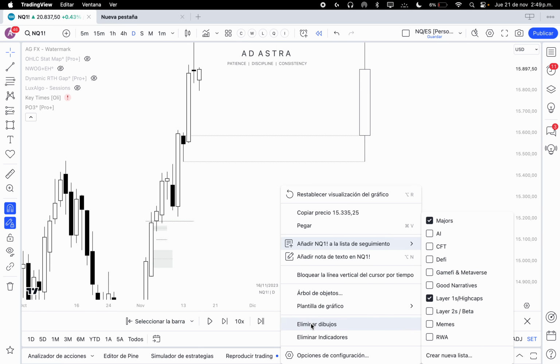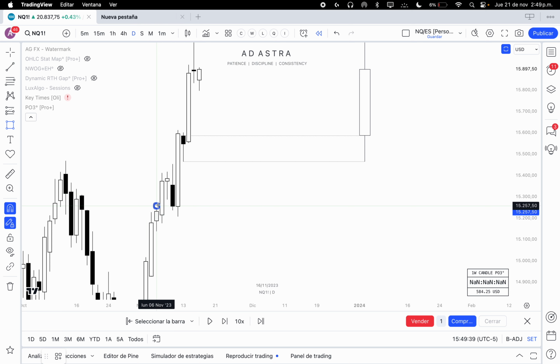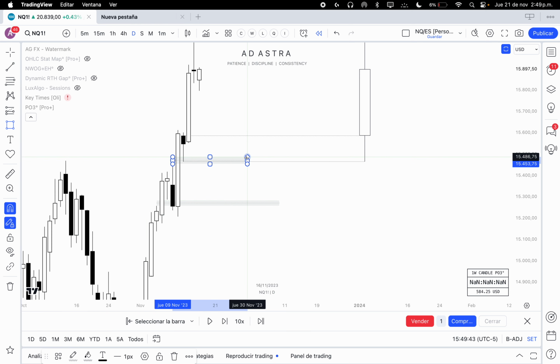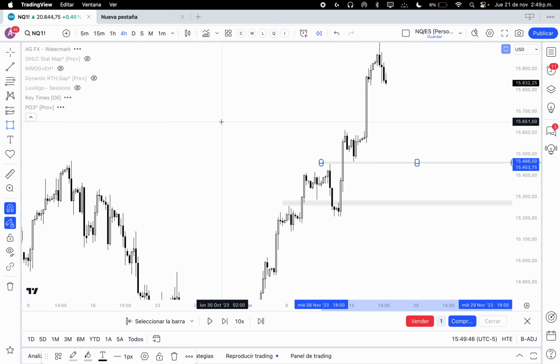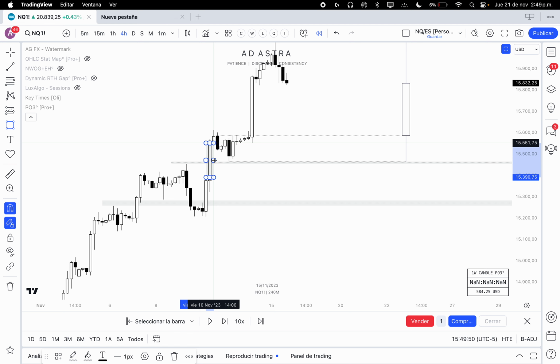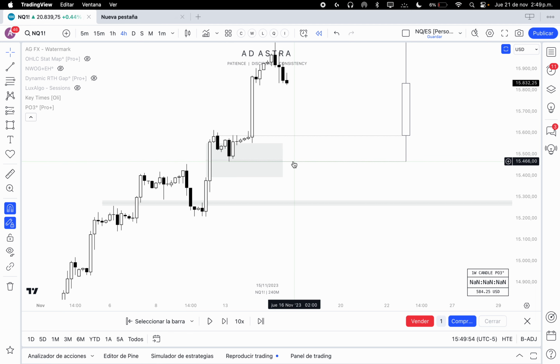What do you see here? We had also this daily gap, and we had here another daily gap formed after close, and price actually bounced from this H4. You always want to be aware of what the H4 and the daily are doing.